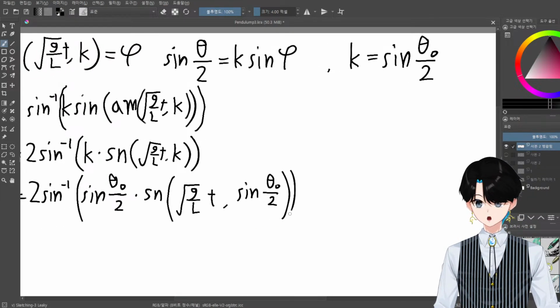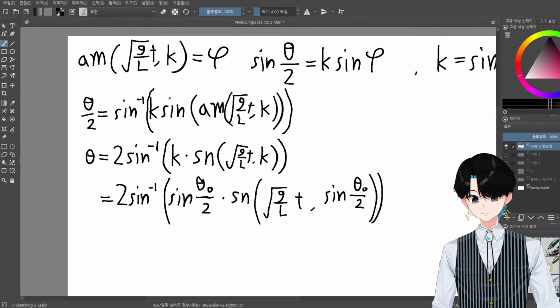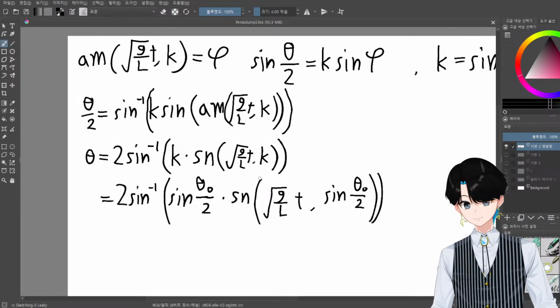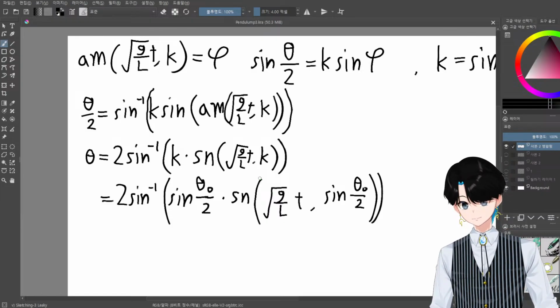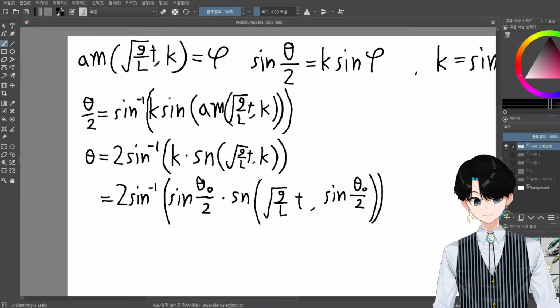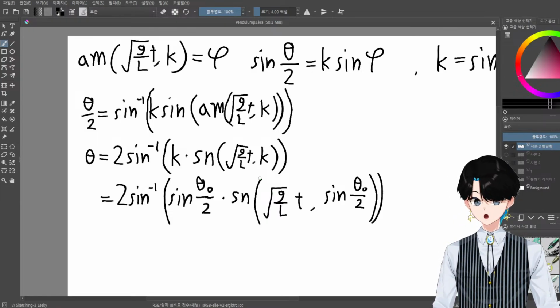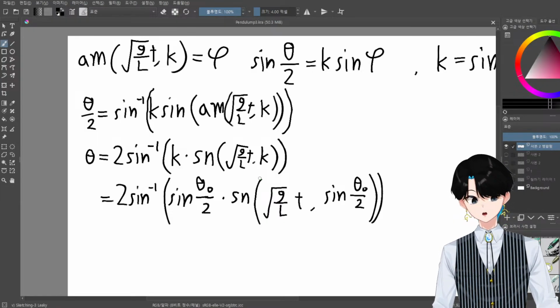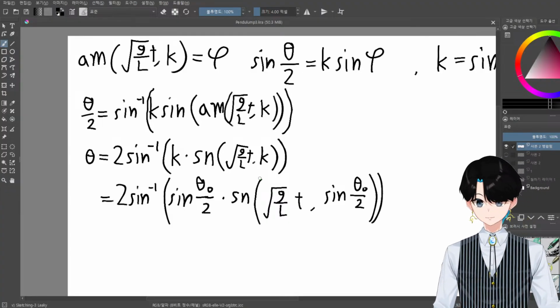And yeah. Okay. Now we finally got the value of theta of t.